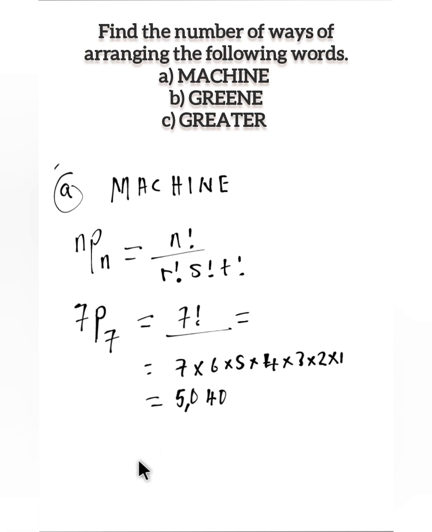Now let's proceed to B. In B, we are going to arrange the word grain. Now, we'll make use of the formula nPn equals n factorial over r factorial s factorial t factorial, where r, s, t are our identical objects. So we have 6 alphabets over here: 1, 2, 3, 4, 5, 6.